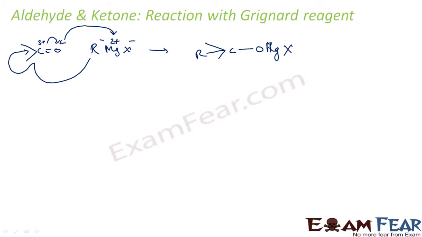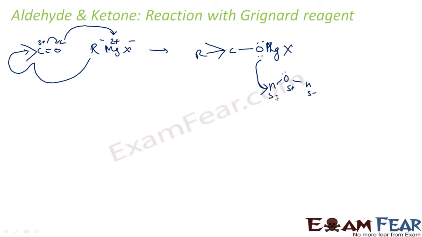Now if you do a hydrolysis, you put some water here, right? This water also has slightly positive and slightly negative charges. The slightly positive hydrogen will be attracted by this oxygen, because it has a lone pair of electrons and is slightly negative.